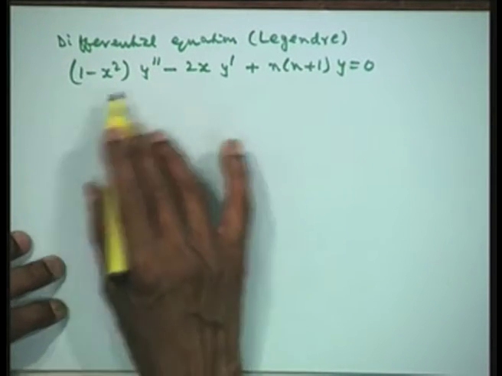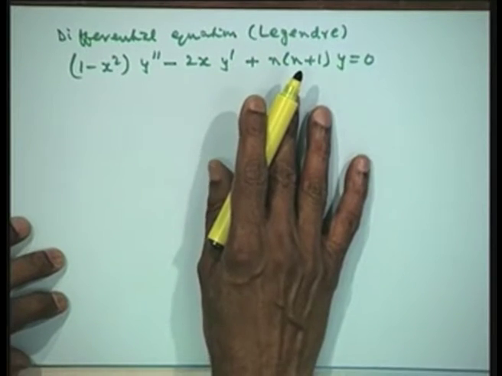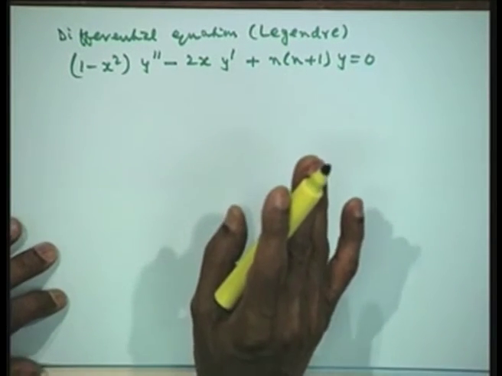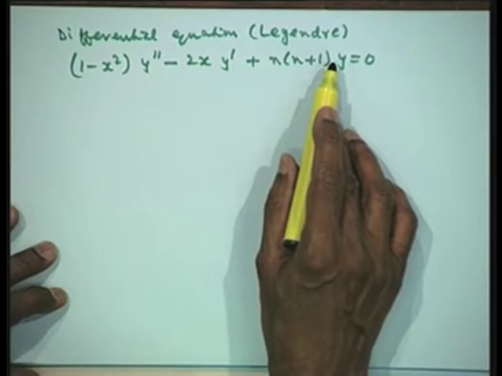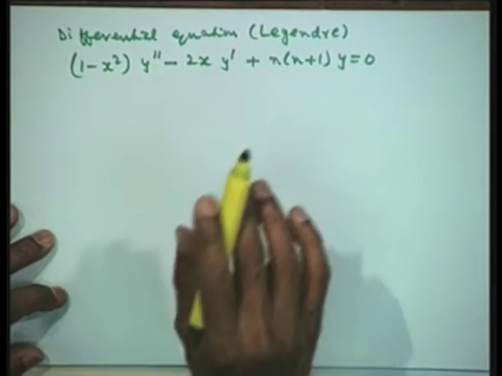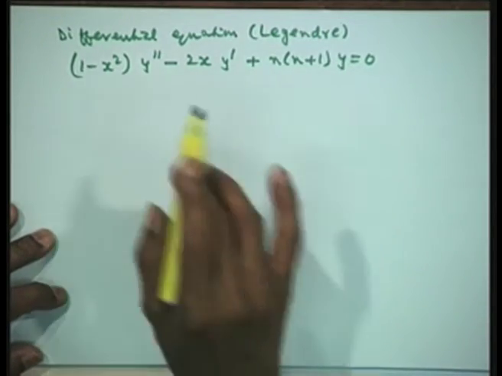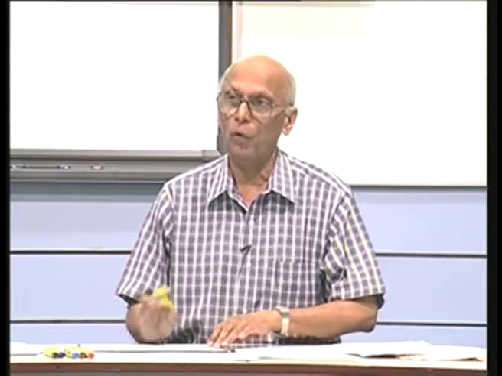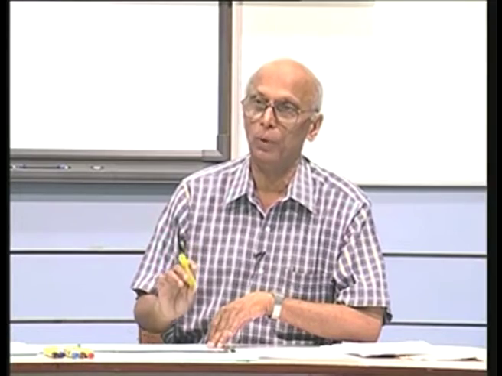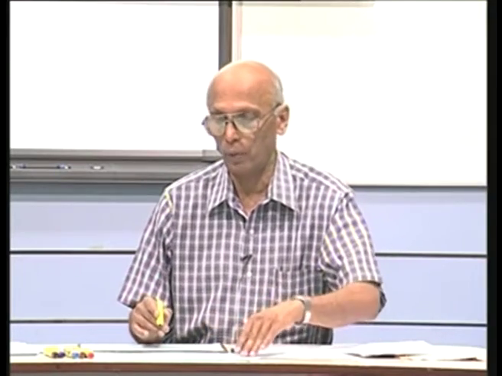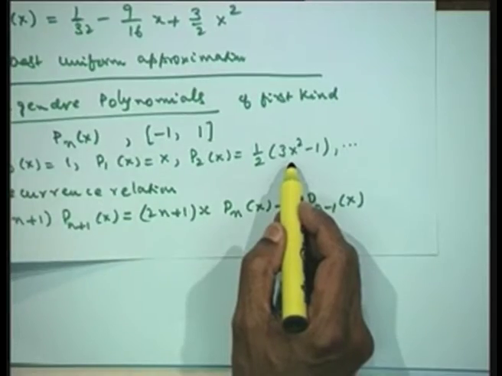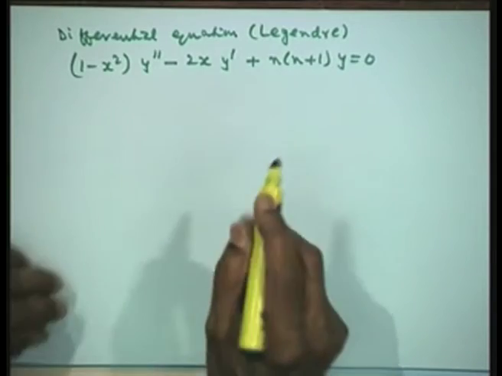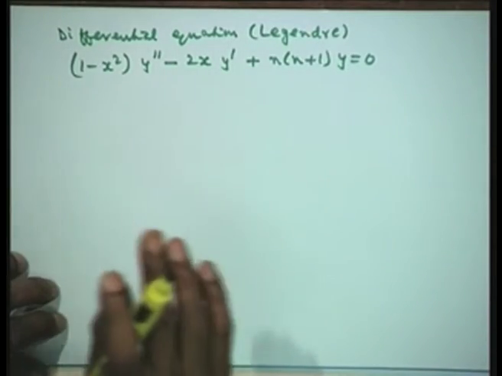I can write down the series solution for this differential equation. You have done the series solution of differential equations. One of the solutions would give me the orthogonal polynomial, that is the Legendre polynomial of the first kind, with a suitable coefficient prefixed to it, and that coefficient is determined with the property that P n of 1 is equal to 1. You can see that P n of 1 is 1 always. So, using that one can determine what the coefficient will be.